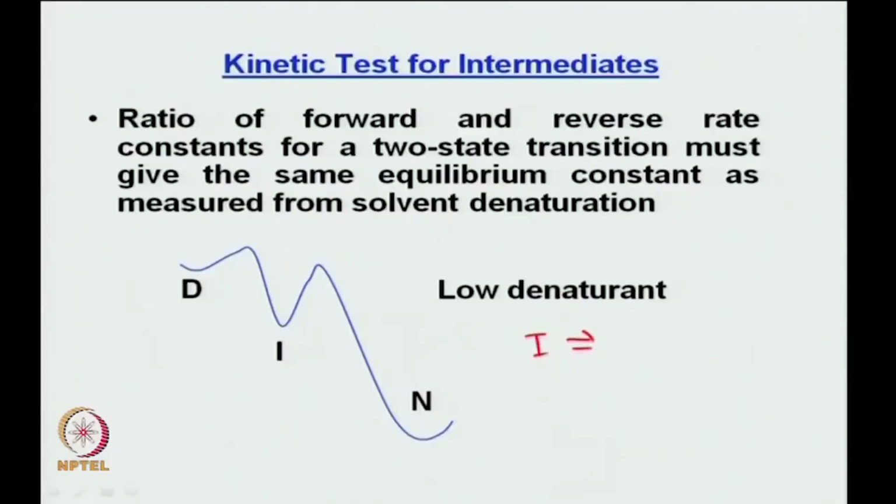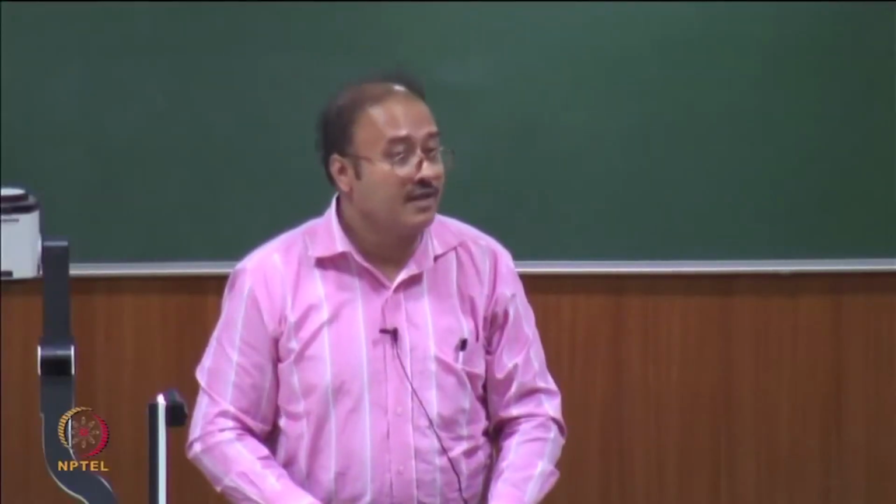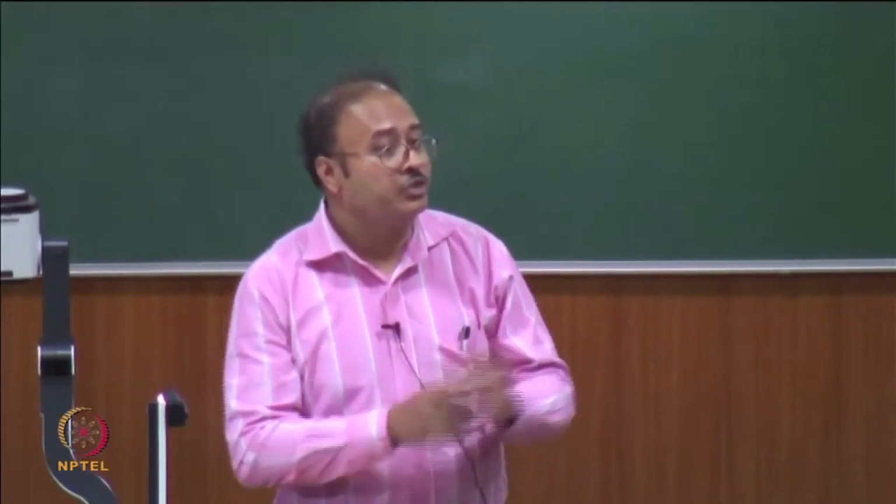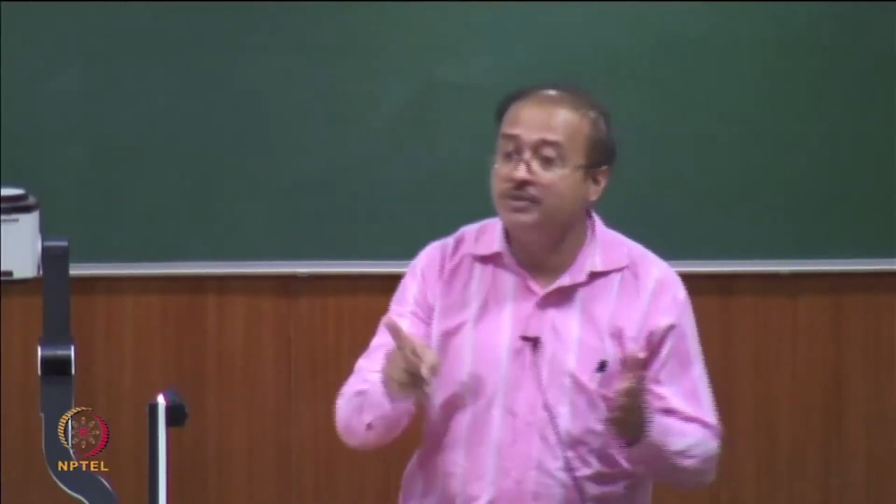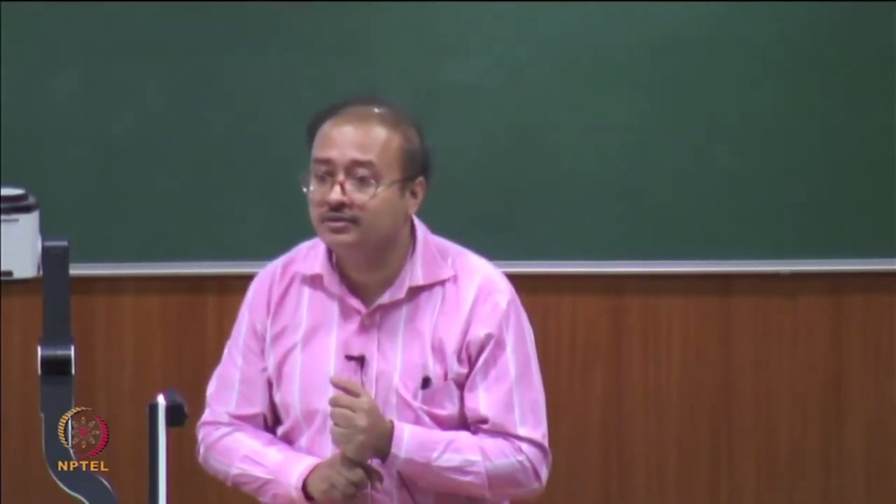So, if you are ever going to have these kinetics coming in, the kinetics would not be determined by D, but by the rate of interconversion between I and N. So, you are missing out on D, though you started with D. Okay. So, what this means is, one thing you are sure of: the equilibrium between I and N would not be the same as the equilibrium between D and N.